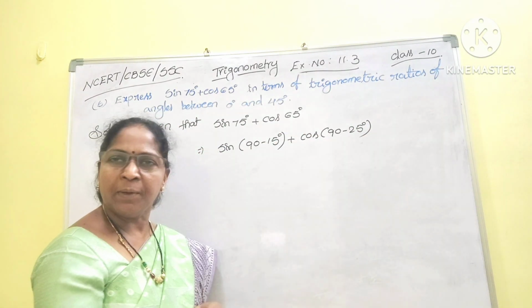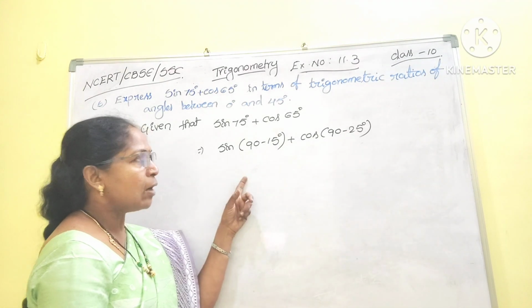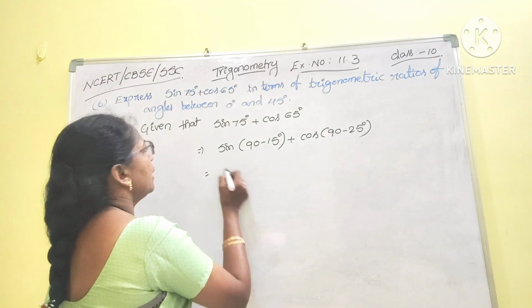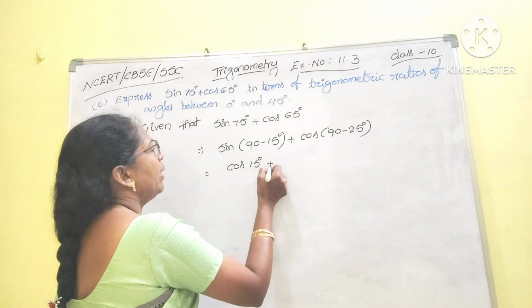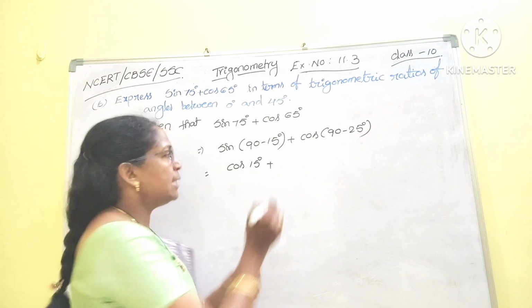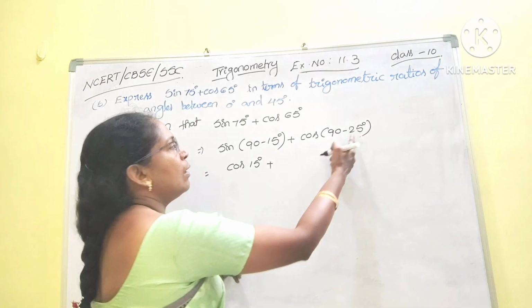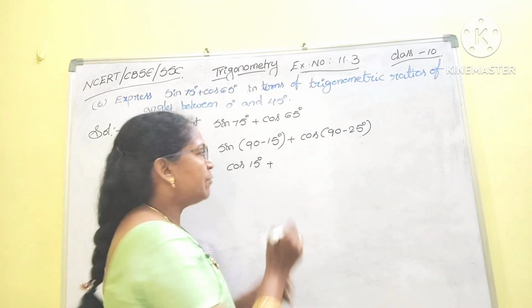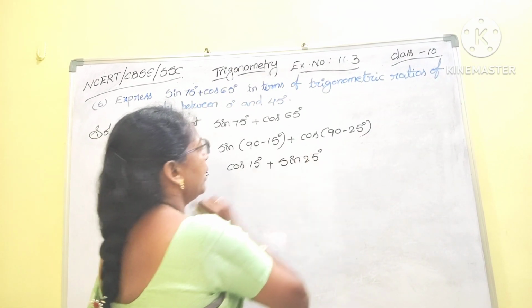Now apply the complementary angles. Sin (90 minus theta) equals cos theta. So that equals cos 15 degrees, where theta equals 15 degrees, plus cos (90 minus theta) equals sin theta, where theta equals 25 degrees. So sin 25 degrees.